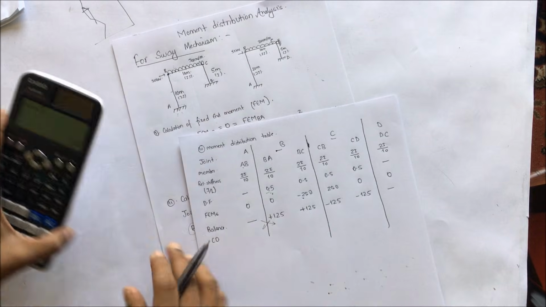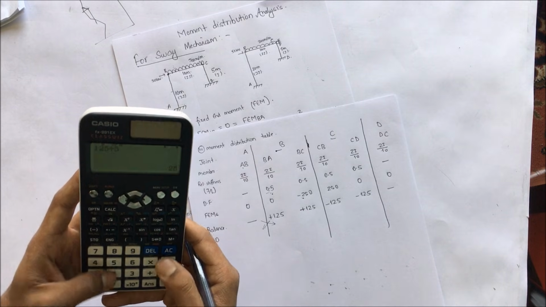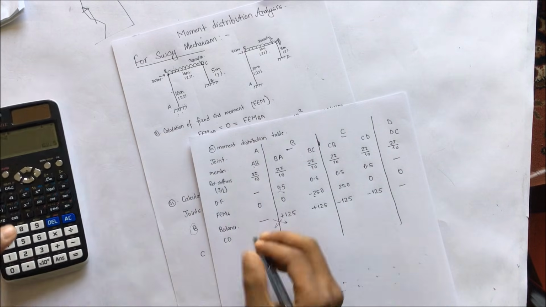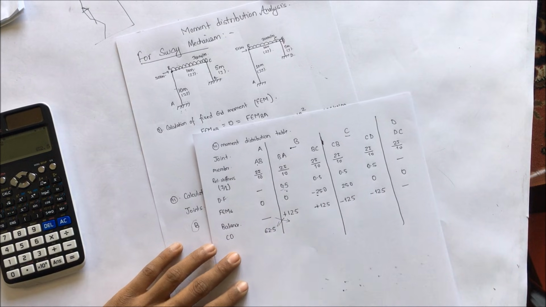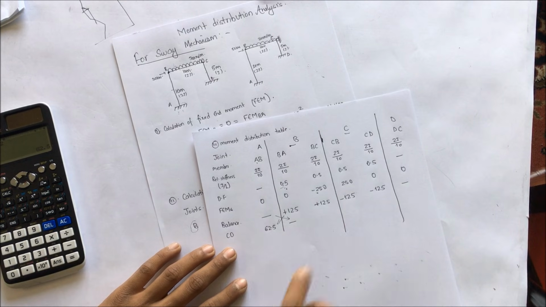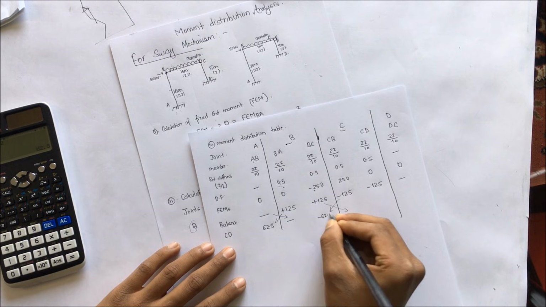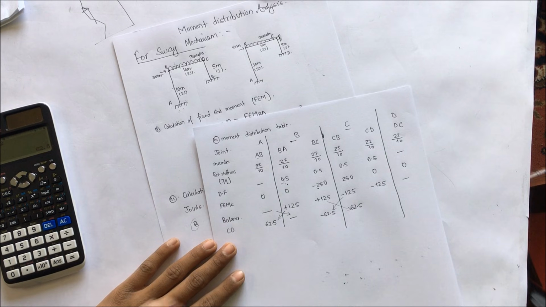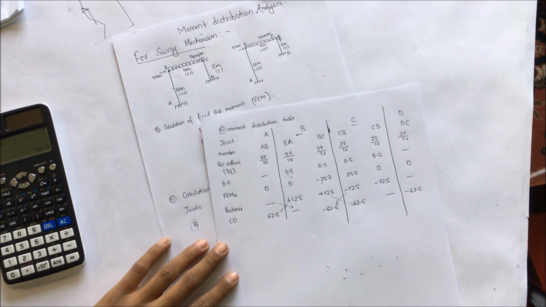So 125 divided by 2 becomes 62.5 with the sign as it is, 62.5, and this becomes a dash again. Now cross multiply over here again, it will become minus 62.5, dash, minus 62.5.